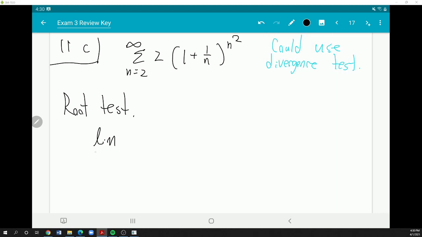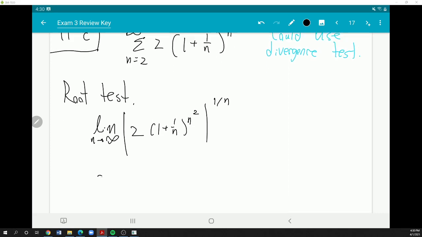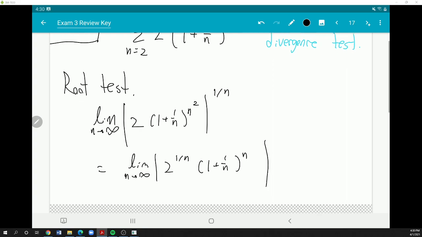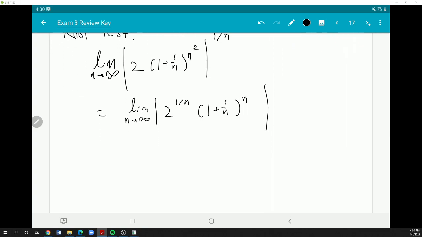So I look at the limit as n goes to infinity of 2 times 1 plus 1 over n to the n squared, to the 1 over n. And I get the limit n goes to infinity, 2 to the 1 over n, 1 plus 1 over n to the n now, because I had n squared. So the 2 goes to 1. That's no issue.